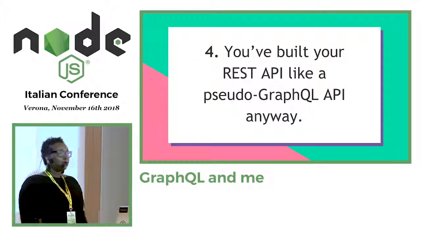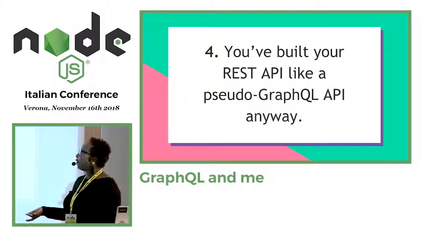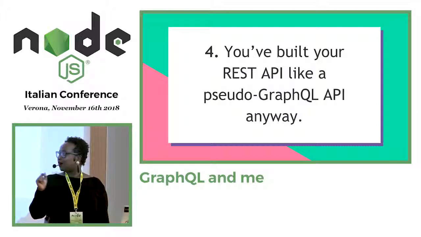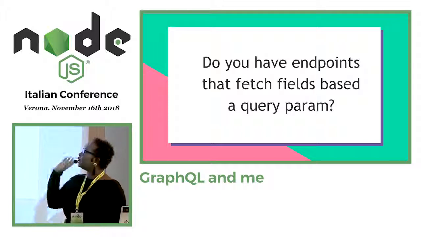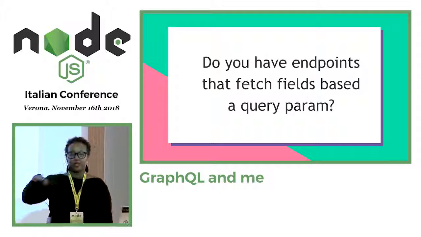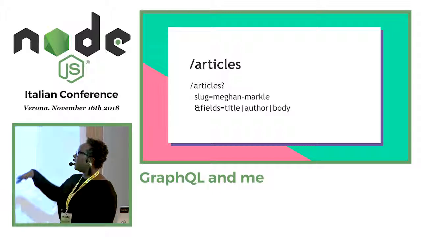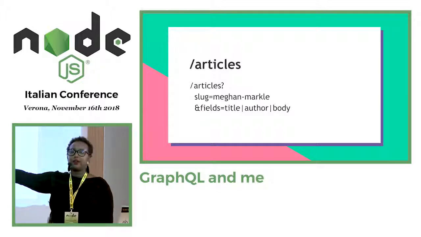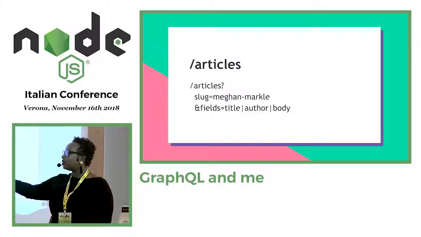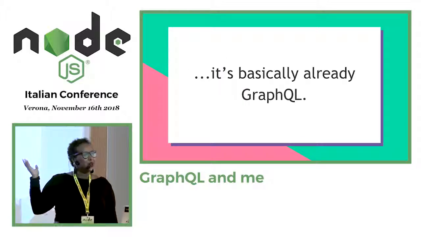Another reason why you might use GraphQL is if you have a REST API, like a pseudo-GraphQL API anyway. What I mean by that is if you have an endpoint that fetches fields in a query parameter, like this, where you have /articles and a query parameter requesting different fields, it's basically GraphQL anyway.